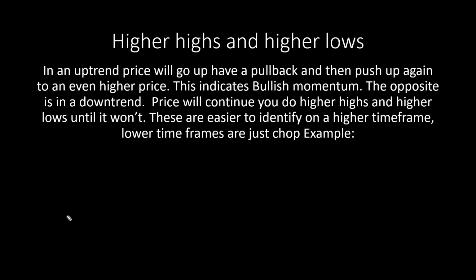So now, in relation to market structure, I'll just draw out a simple pattern so you guys can see. In an uptrend, we'll be having higher highs and higher lows. What do I mean by this? From my previous video, you would have seen why we have legs in the market, why it doesn't just move up in one direction.